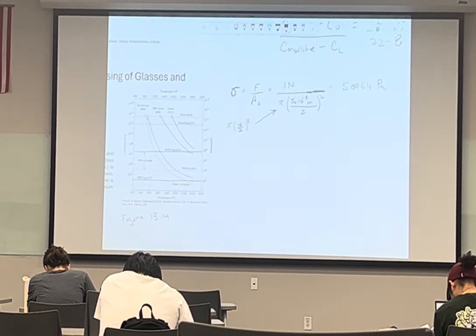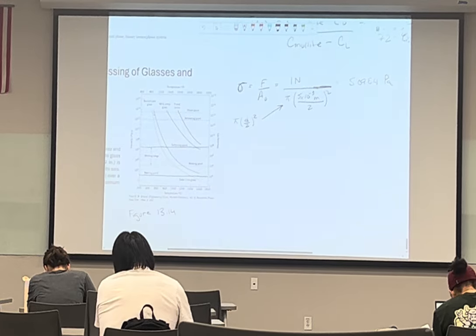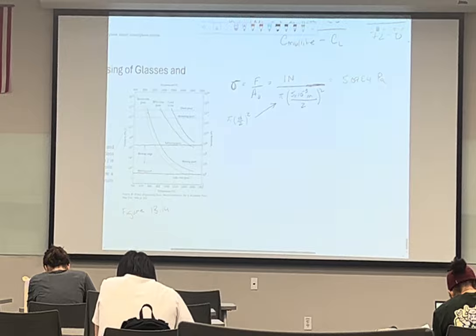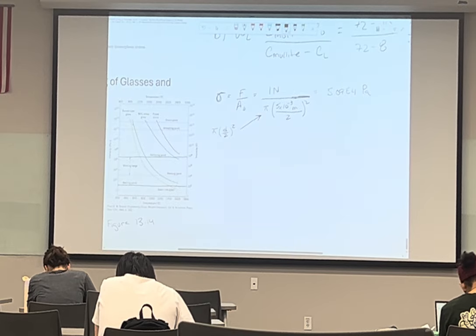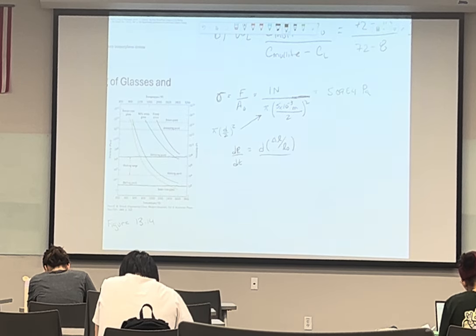And the dE dt is going to be the change in deformation over time. To figure that out, given that we know our stress now, it can be represented as a change in length over the original length, divided by time.